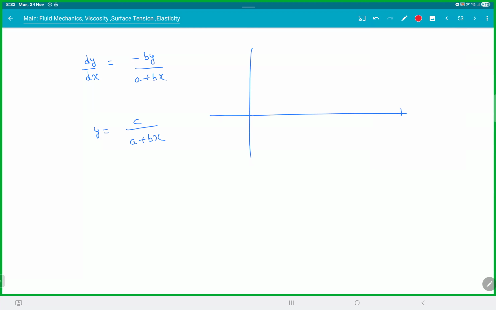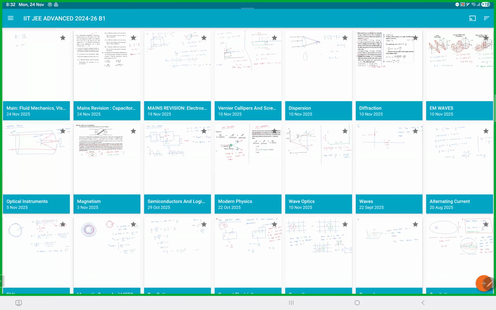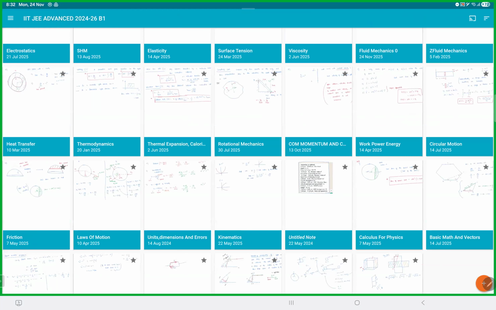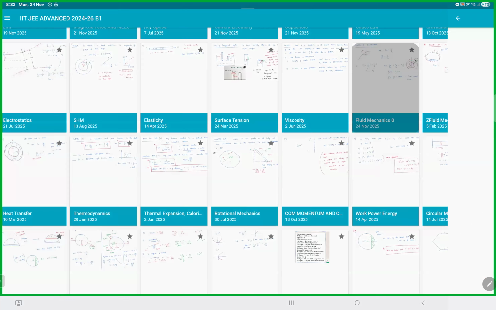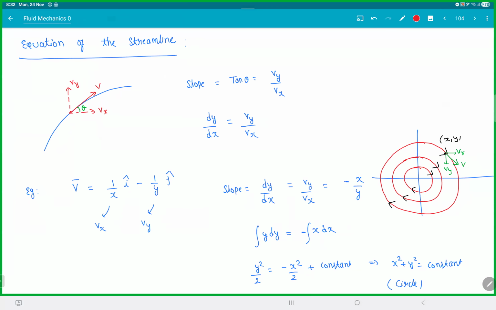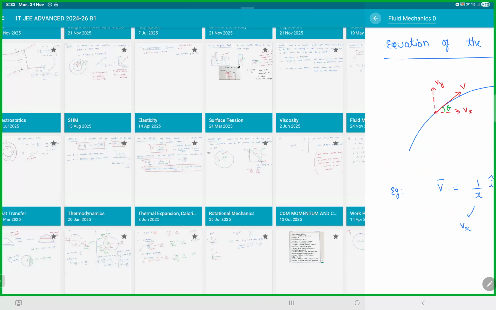For different values of this, this is how the streamlines should look. I gave you one more example in this. There, if the equation was 1 by x and 1 minus y, the streamlines will actually be circular. You can play around with the equation. Check this out, equation of a streamline, it's a good one.